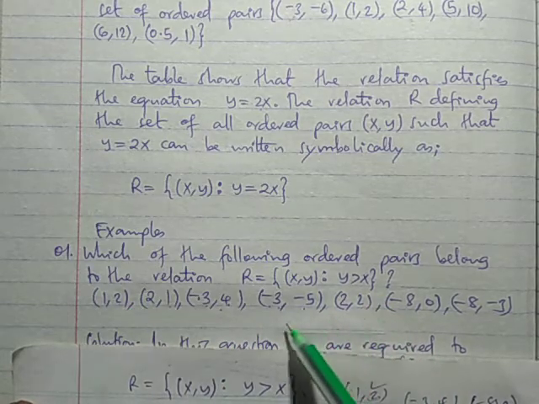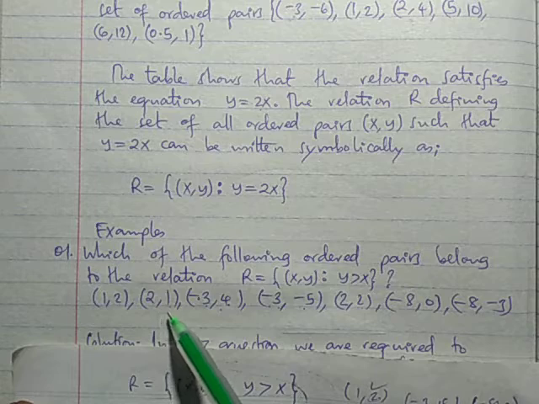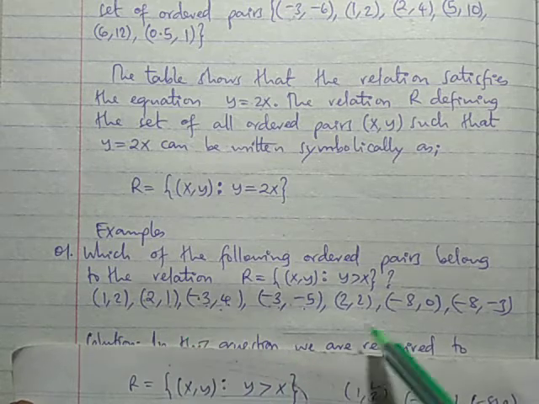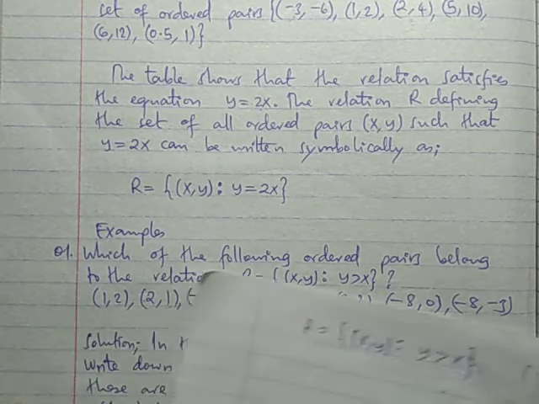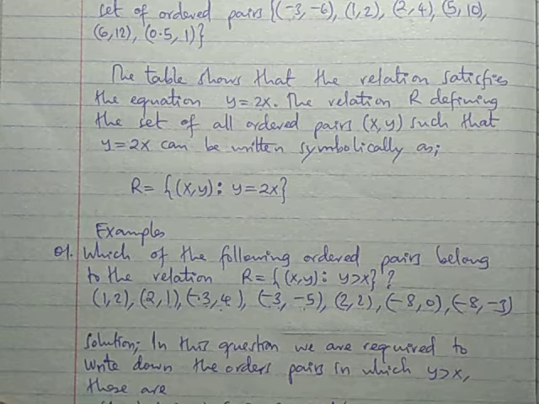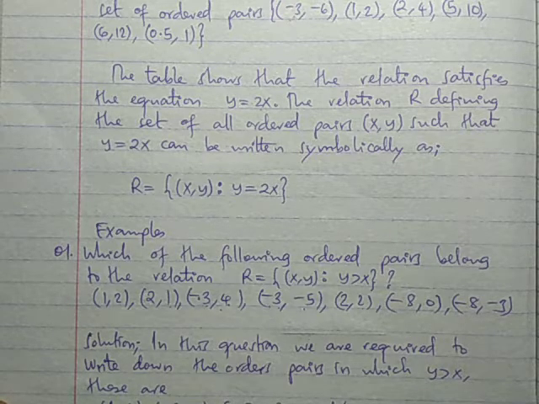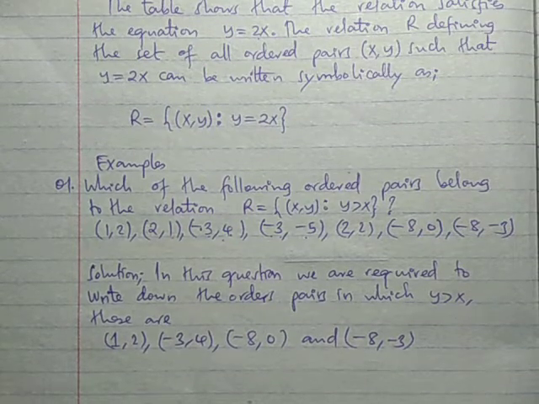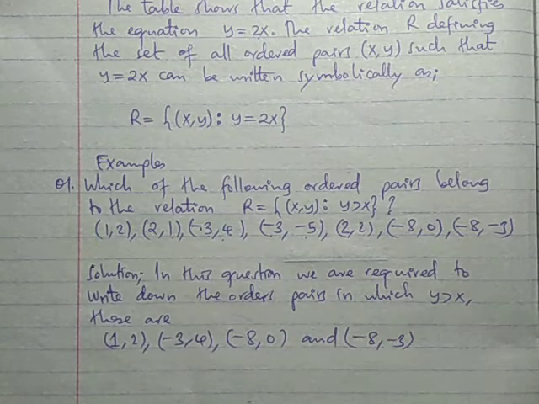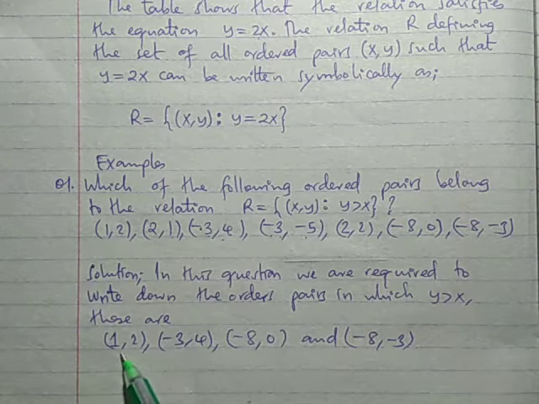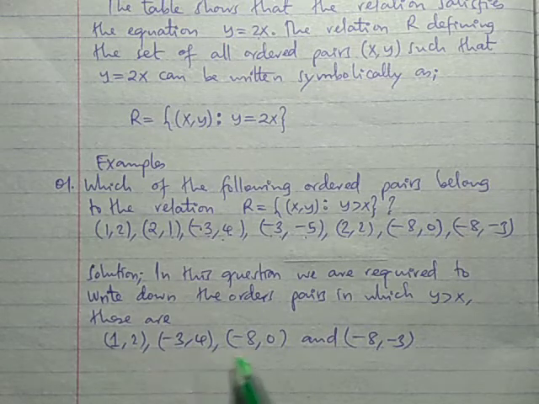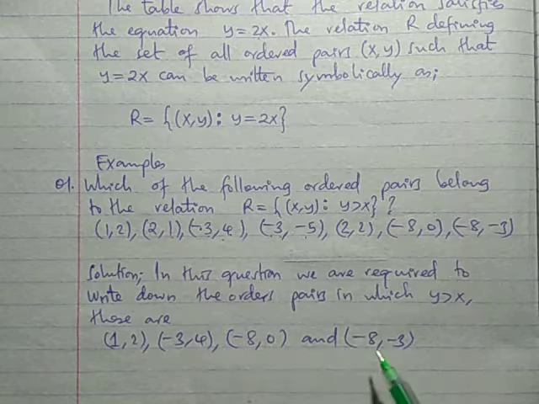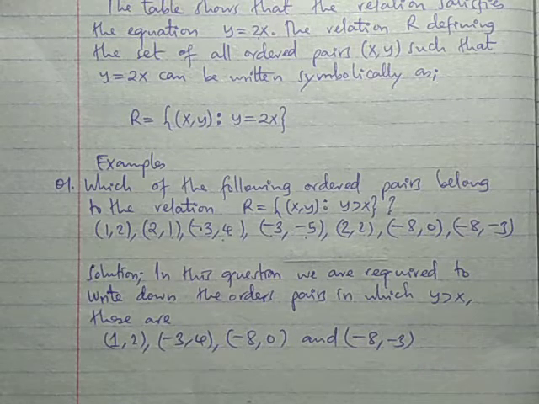If the value of y is greater, then you are writing that ordered pair in agree to the relation. So in this question, tunasema kwamba we are required to write down the ordered pairs in which y is greater than x. These are 1, 2, negative 3, 4, negative 8, 0, and negative 8, negative 3.